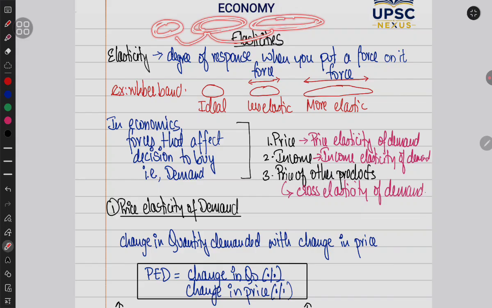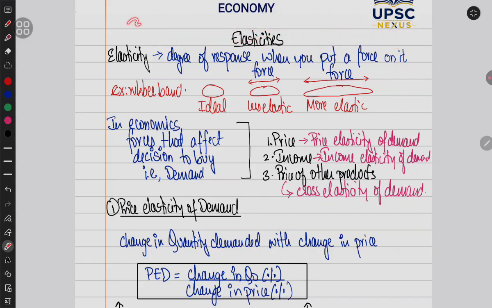But to make this elastic, we have to apply force, right? In this case, you are applying mechanical force through our hand. But in the same analogy, we are studying the law of demand, right?